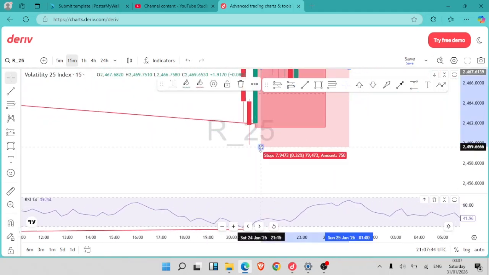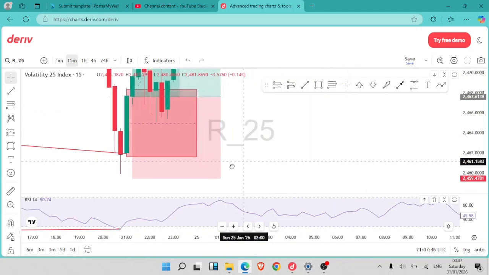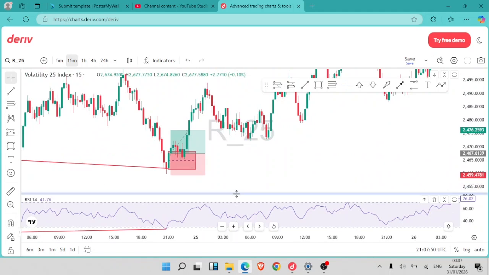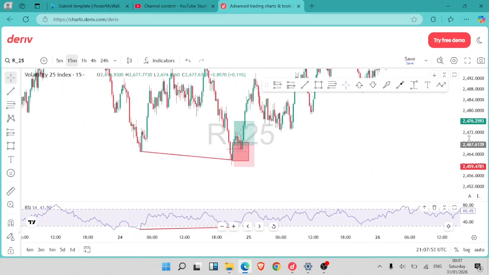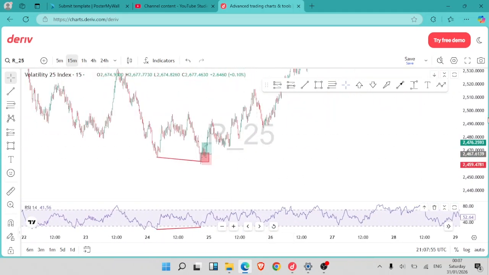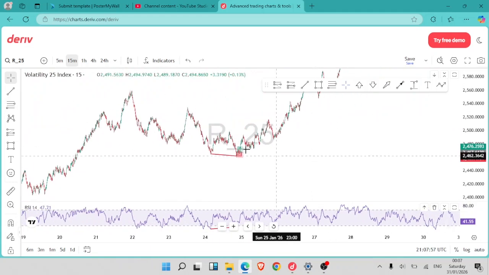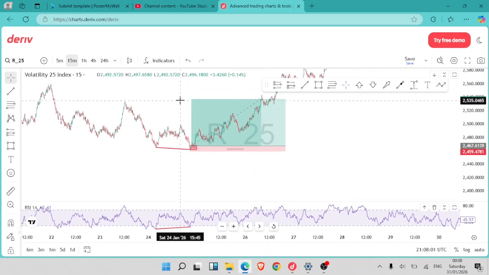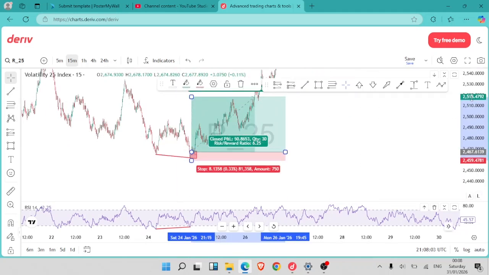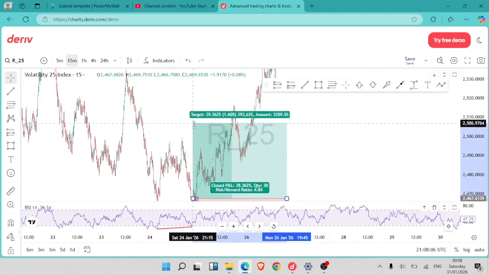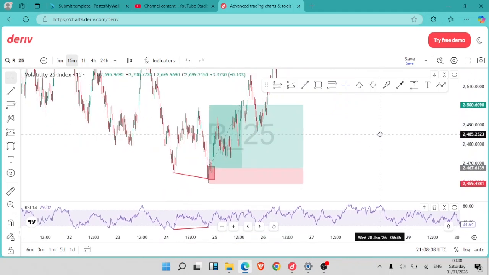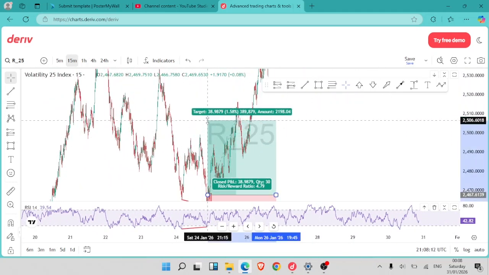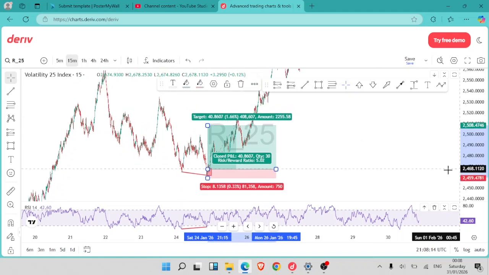So you want the stop loss to be just below it, and then you want to get a risk to reward ratio of 4R or 5R, or you can alternatively use market structure to get your take profits. So you easily got 4R at this point, around here, and you can take a 5R at this point right there.